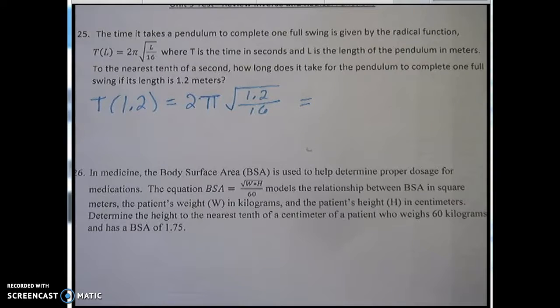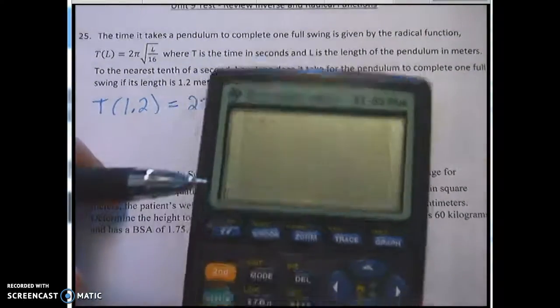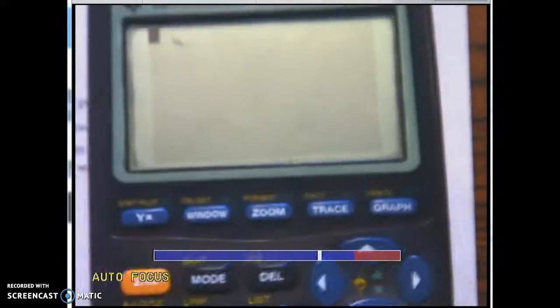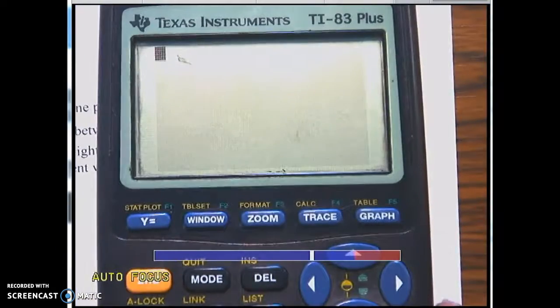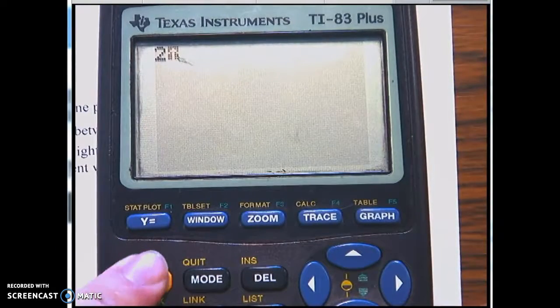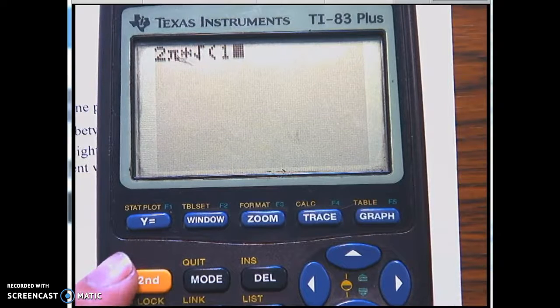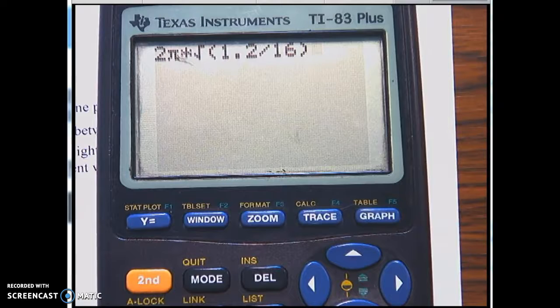So I want to show you exactly how I would type this in the calculator. I would type in 2 pi times the square root of 1.2 divided by 16, close those parentheses, and then you just hit enter.